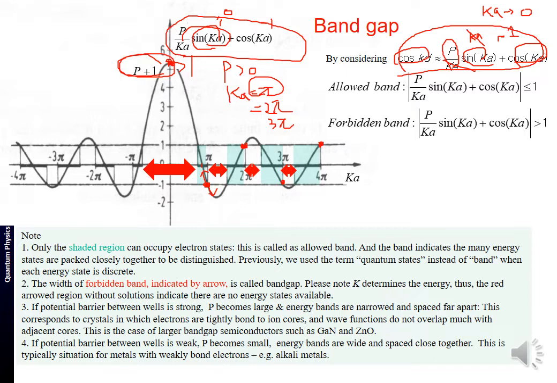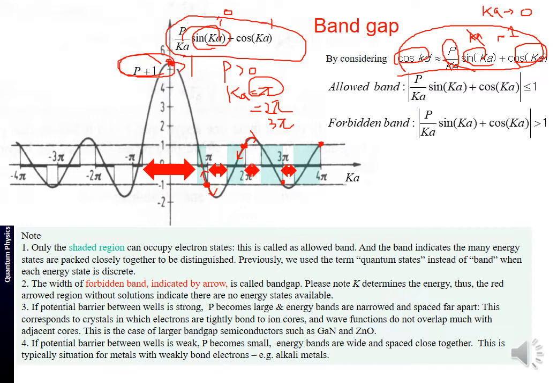Likewise, you can draw the curves. Between pi and 2 pi, sine is negative, so it will be negative here. Between 2 pi and 3 pi, it will be positive here. So it can be drawn like this. Okay?